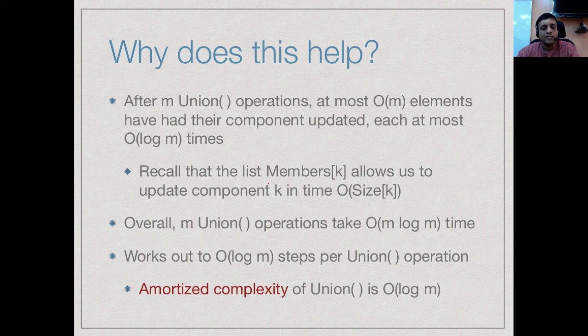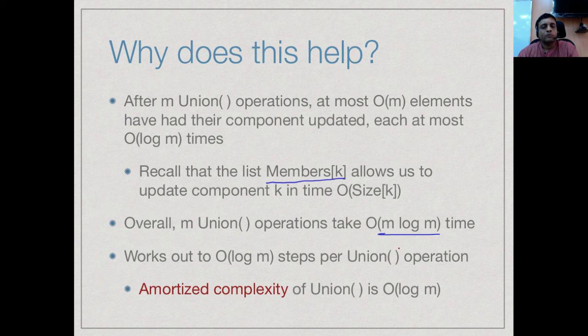Because we have this list of members, when we want to update the component K, we update exactly only those elements. So we only touch the elements which change. So m elements change log m times, so in total we have m log m steps of change. If we do m union operations, it is not that each one takes m log m time directly, but the cumulative total of m union operations is only m log m.